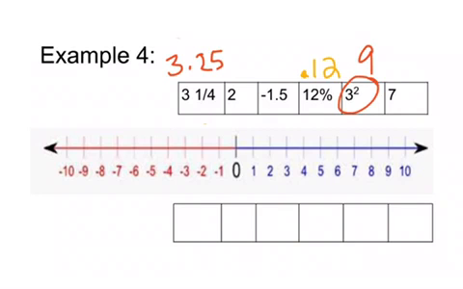So I have now changed everything so that they're all in a decimal form and not some other form. Like here, this is in exponent form. We don't want that. We just want it in decimal form. Whole numbers are in decimal form. So I'm going to go through here, and I am going to label these numbers. 3.25 would be right here, between here.